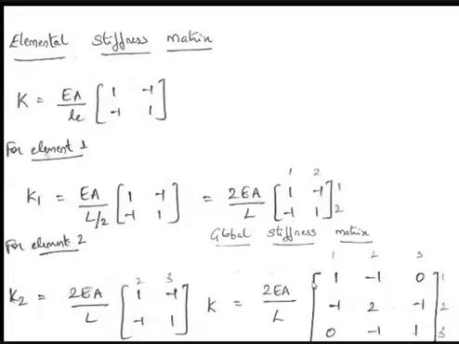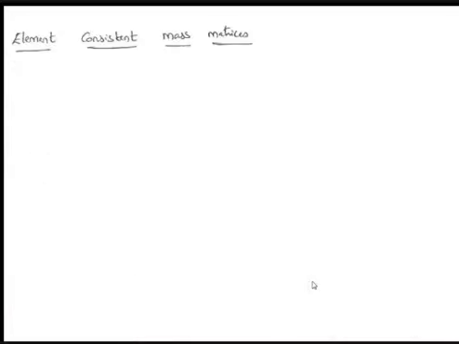Okay. Next, I'm supposed to find out the consistent mass matrix. For both the elements, we have consistent mass matrix. Consistent mass matrix is given by rho A L_e by 6 times [2 1; 1 2].